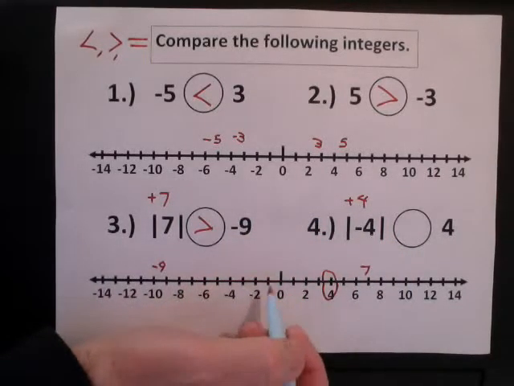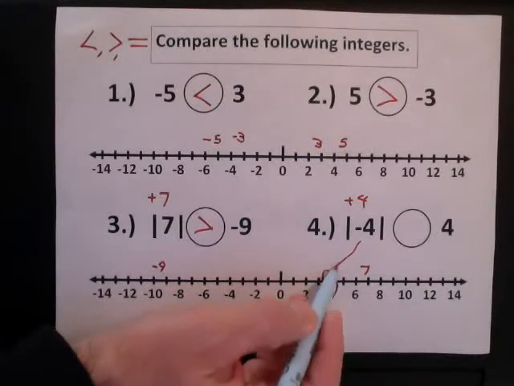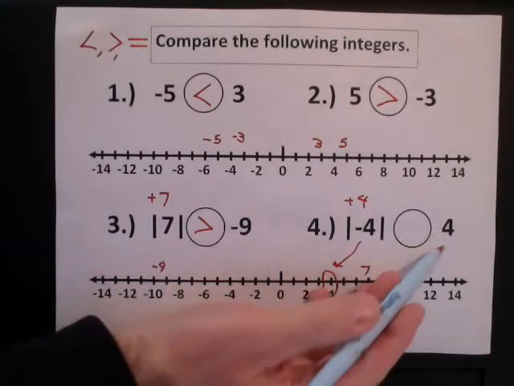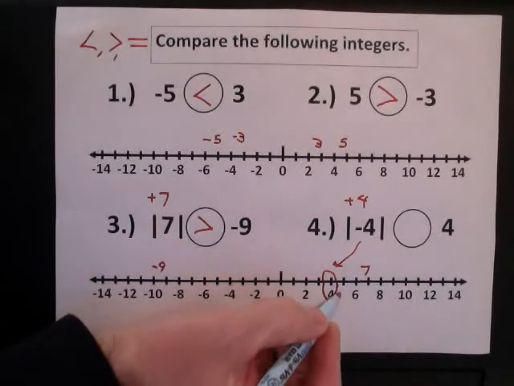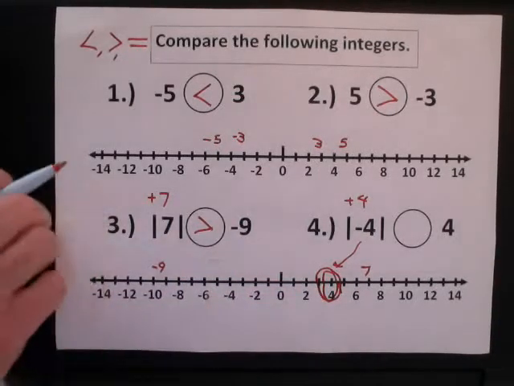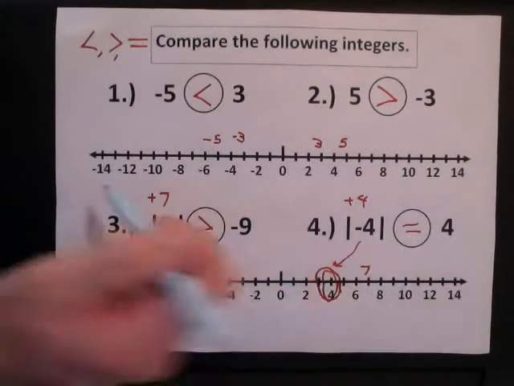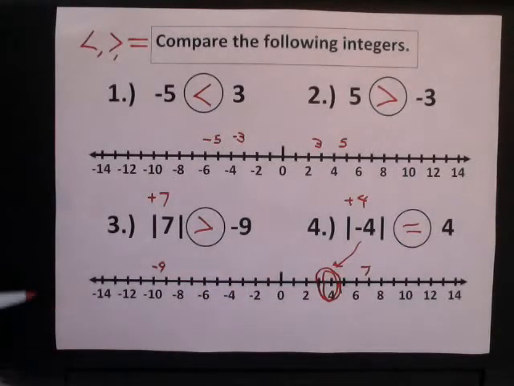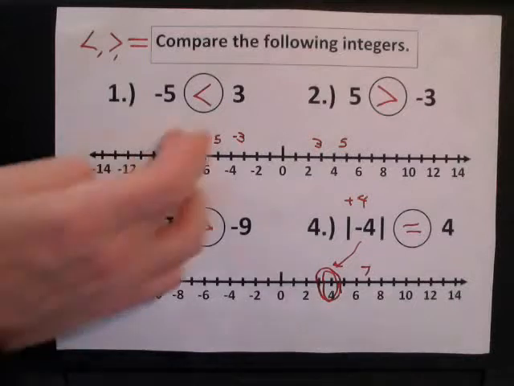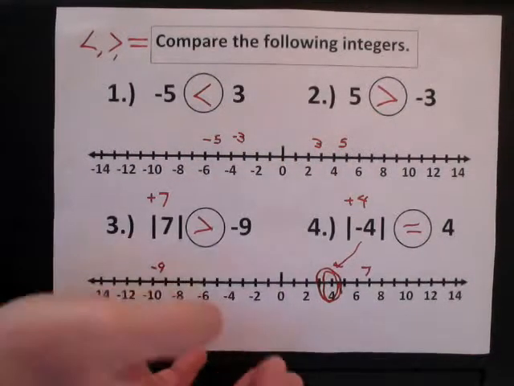The absolute value of negative 4 on the number line is right there. And then we have positive 4. So we actually have our other number right there also that we're comparing with. So in this case, the absolute value of negative 4 is equal to positive 4. All right? So that's how you would compare them.